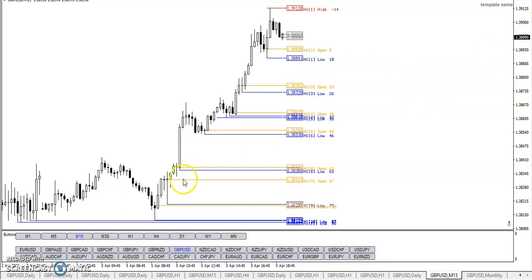And one interesting thing you can see here is price went up. It's knocked out all of the highs except this last one. So what's price going to do? Either it's going to go higher or it's not. And that's just part of trading.